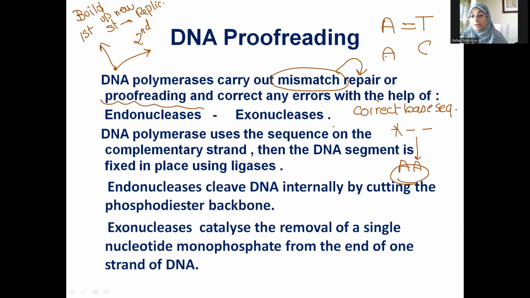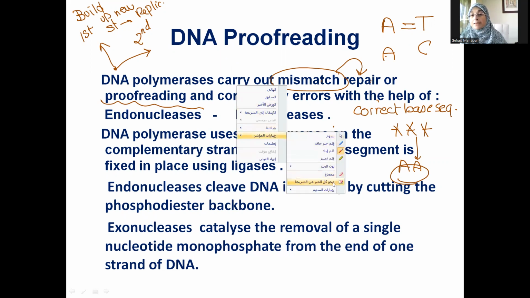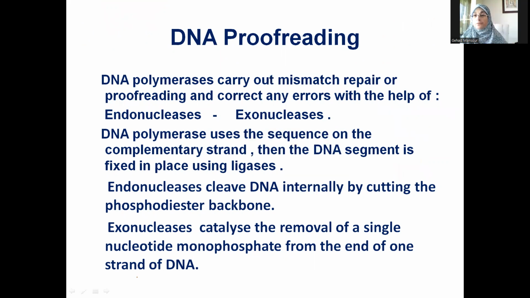So if you make any error in this sequence, then you will select a different amino acid, you will have a different polypeptide, and therefore a different function and a mutant protein. So if there is any error, then we should excise or cut and remove the wrong base and replace it by a new nucleotide, a new base in a new nucleotide. So we don't remove the base only, but we remove the whole nucleotide.